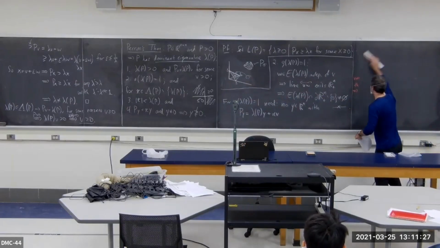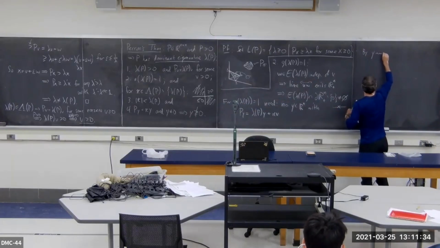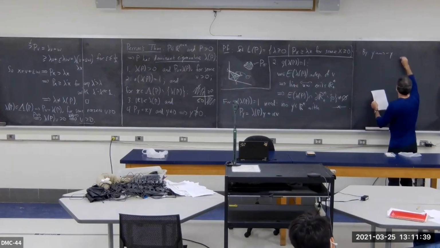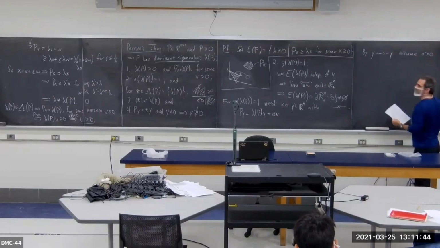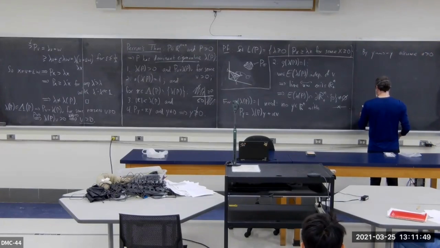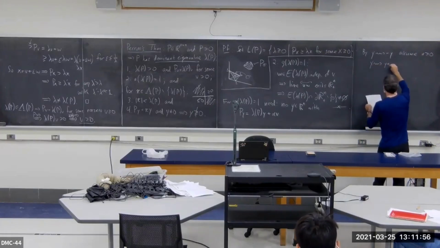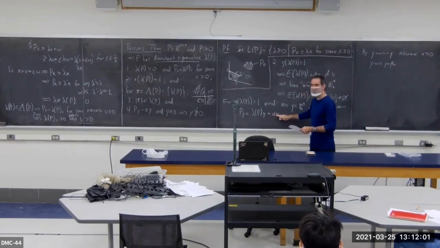That alpha, I want it to be positive. So I can replace y with negative y, so I can assume that alpha is bigger than 0. And if I replace y with y plus beta times v, remember, all I care about is that I get some multiple of v at the end.